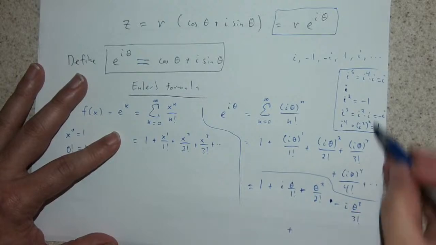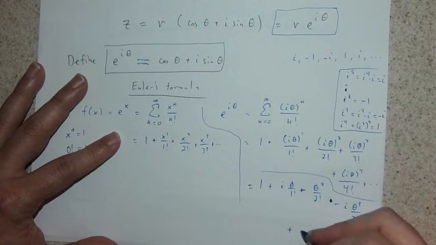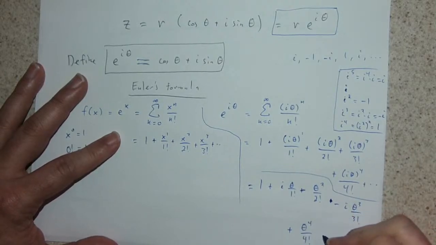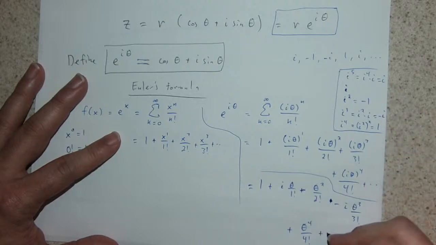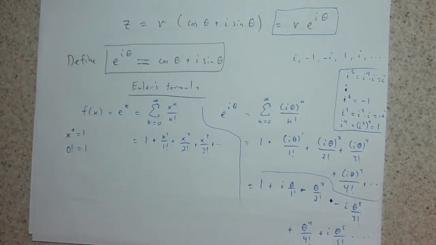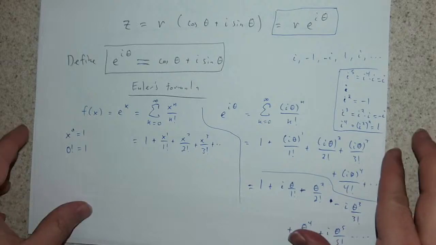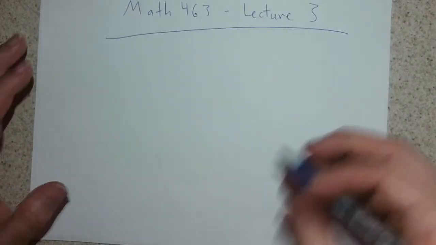Plus i to the fourth, but i to the fourth is just 1, so this is plus theta to the fourth over 4 factorial. And i to the fifth is just i, so this is plus i theta to the fifth over 5 factorial, and so on. Let me rewrite this so that I can actually make sense of it.